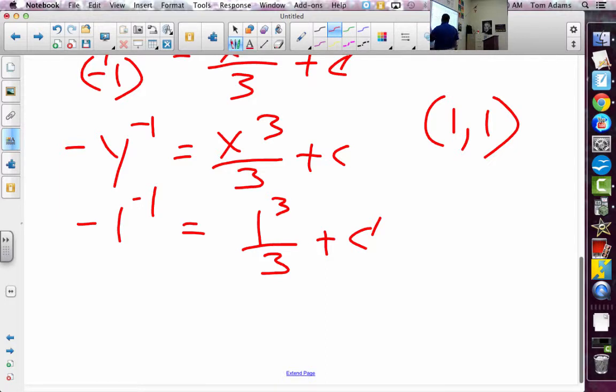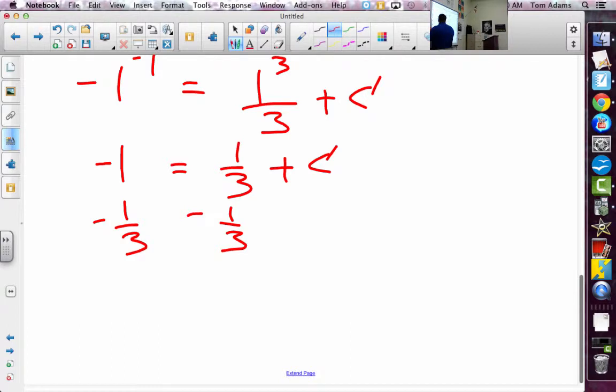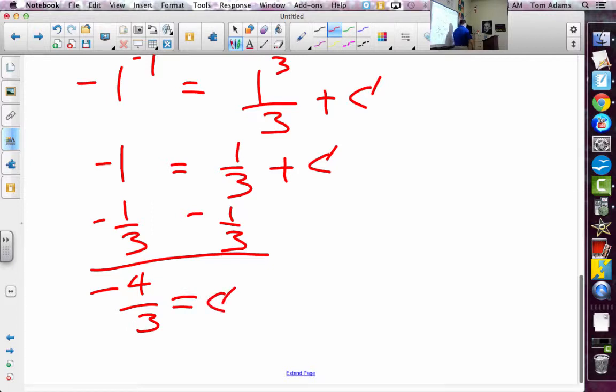Well, negative 1 to the negative 1 is 1 over negative 1, which is negative 1, is equal to 1/3 plus c. So now when I subtract 1/3 from both sides, I get negative 4/3 is equal to c.